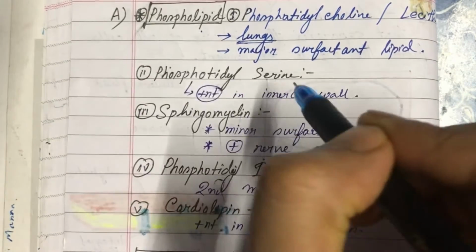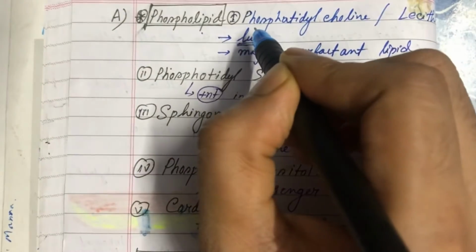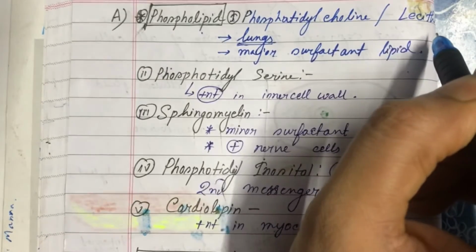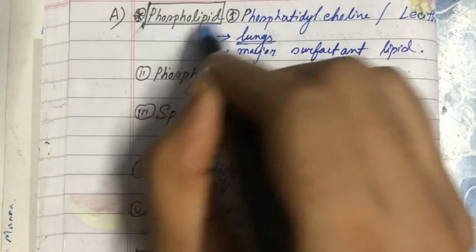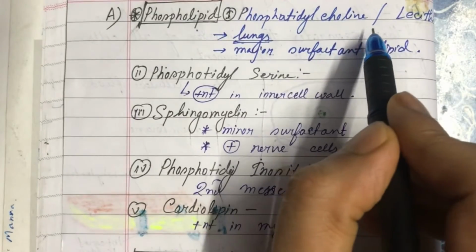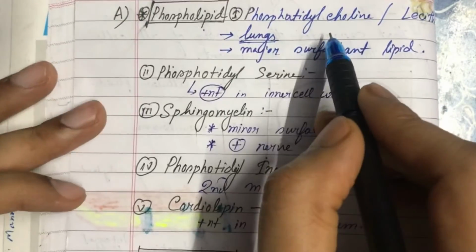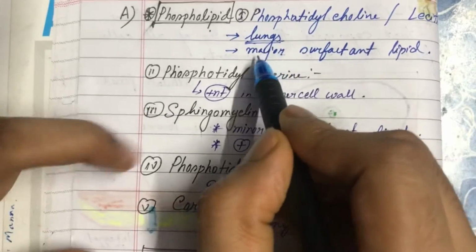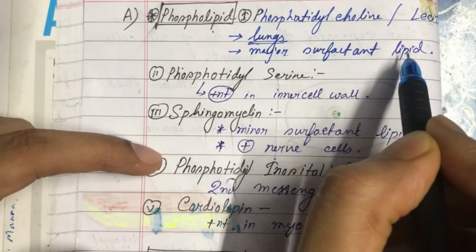In phospholipids we can see phosphatidylcholine, or lecithin. This is one kind of phospholipid, and we can find it in the lungs, in the surfactant of the lungs. So this is the major surfactant lipid.